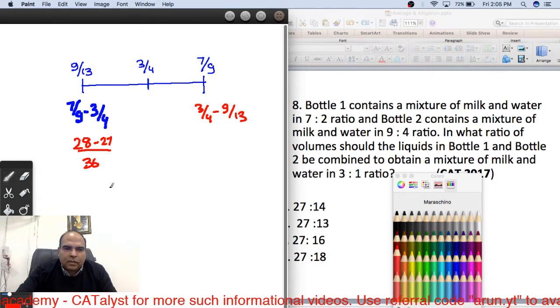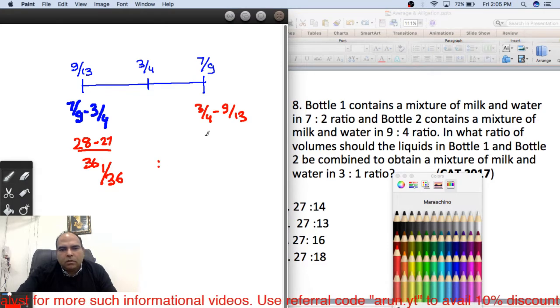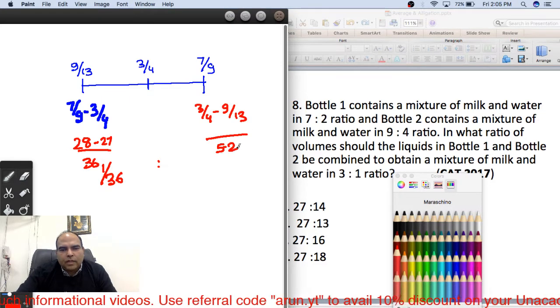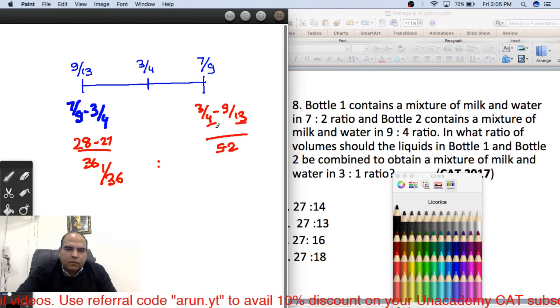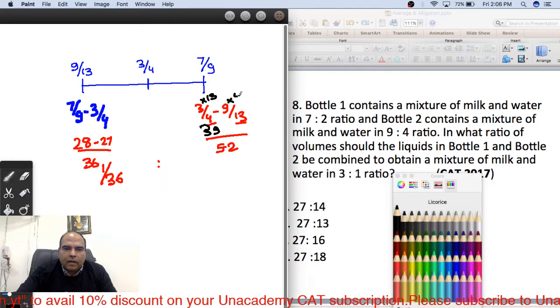So on this side we have 1 by 36 as the final outcome. And here if I take the ratio, it's 52, the LCM of 4 and 13. And यहाँ पे न्यूमरेटर में 39 आएगा, 13 threes are 39, and 9 fours are 36. So 3 by 52 आएगा यहाँ पे.